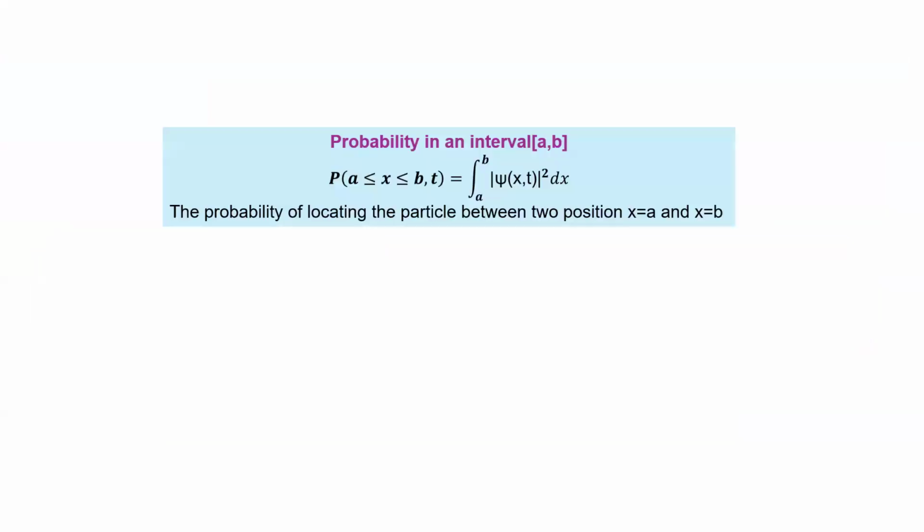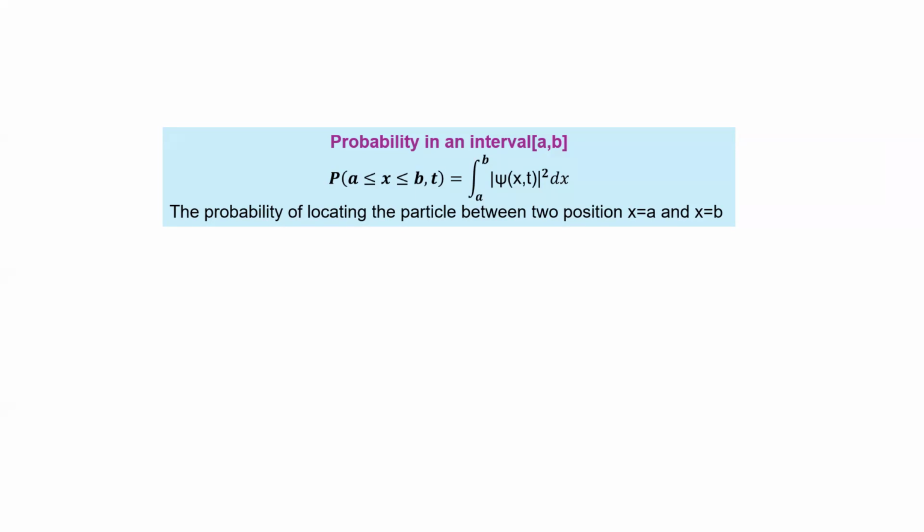The probability in an interval can be defined as the probability of a less than x less than b at any particular time t, which equals the integral from a to b of modulus psi(x,t) squared dx.